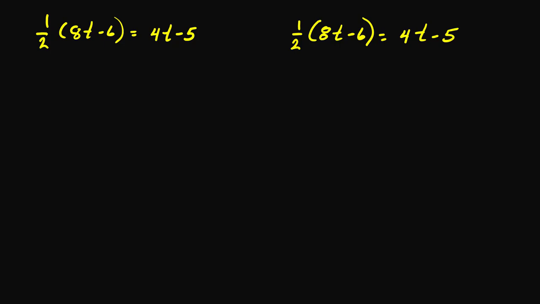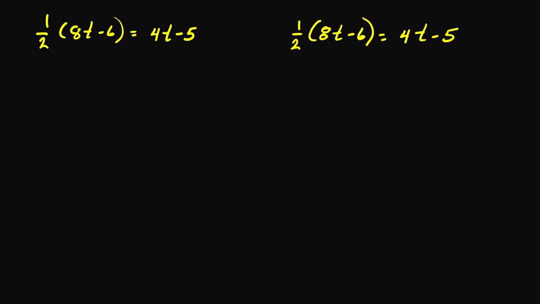If we had compared the perimeter of the rectangle to the perimeter of the triangle, and we got this equation, we'd go ahead and start working it exactly the same way.